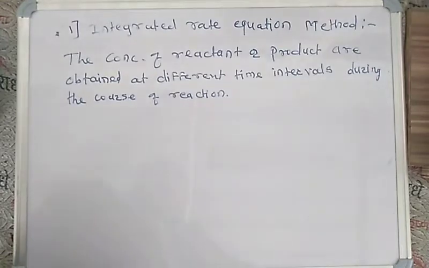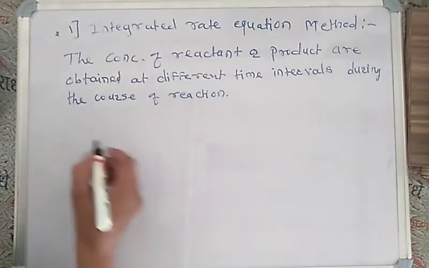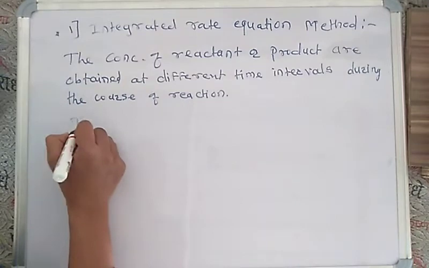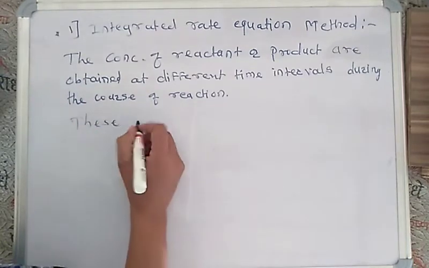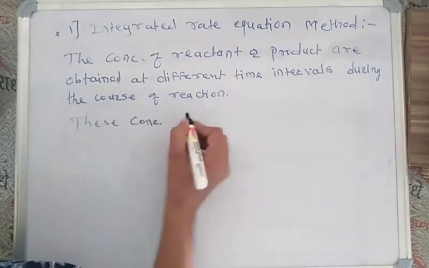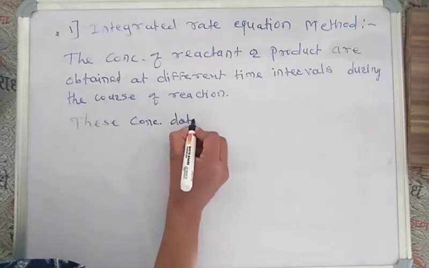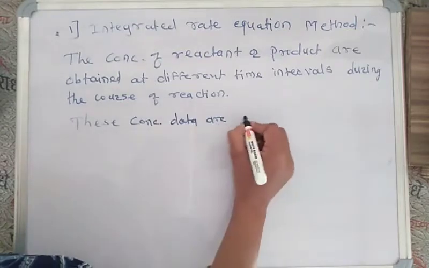These concentration data are substituted in the various integrated rate equations of first, second and third order reactions, and the value of the rate constant K is calculated.